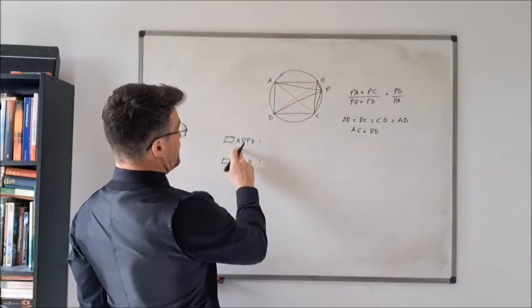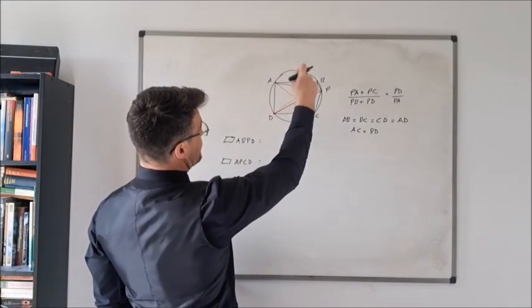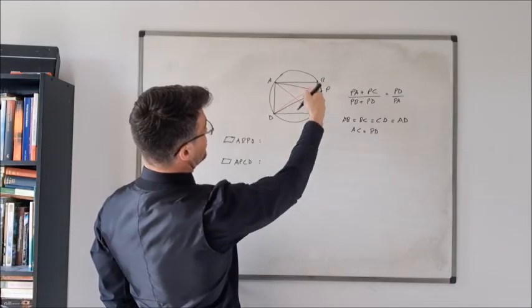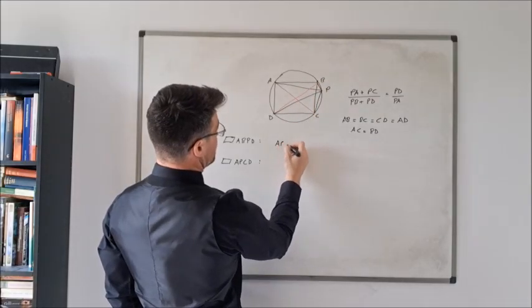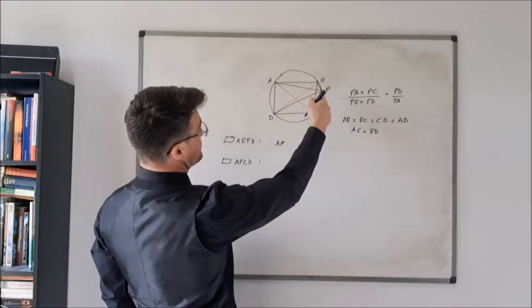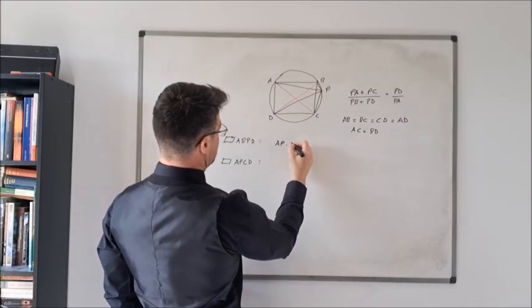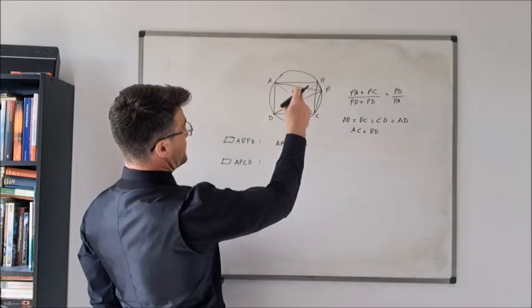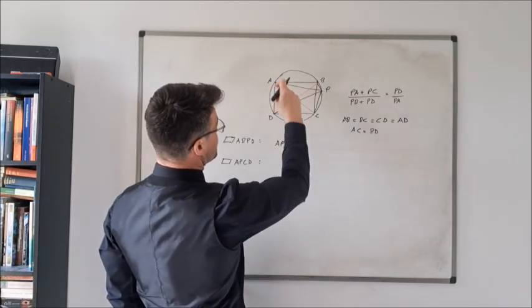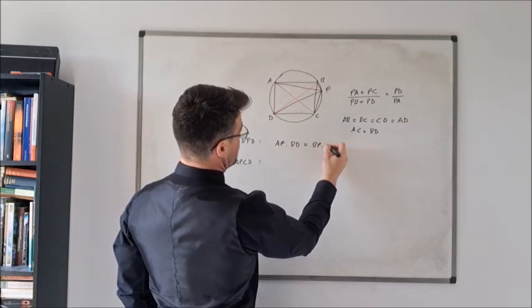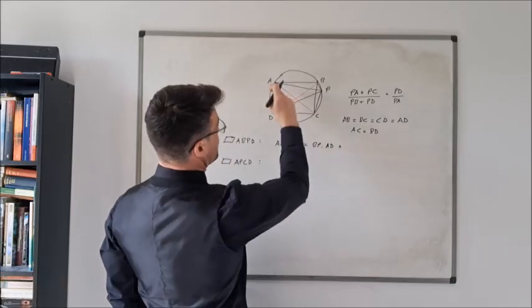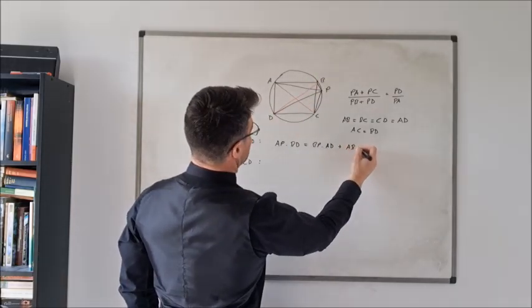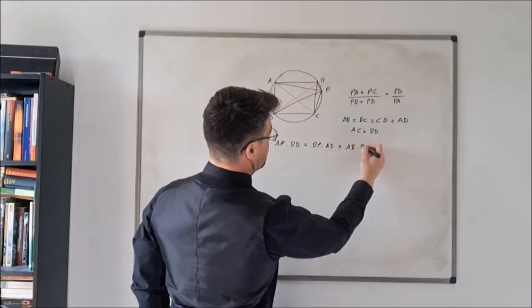So in ABPD, the diagonals are going to be AP times BD. And this is going to be equal to the product of BP times AD plus AB times PD.